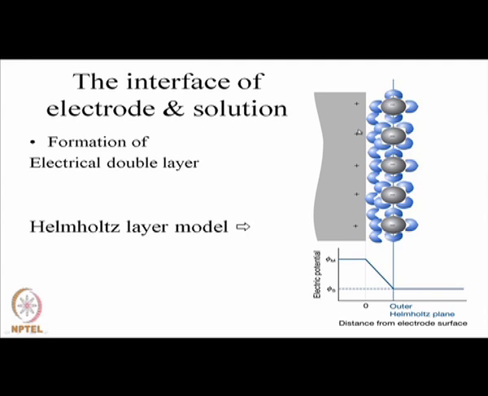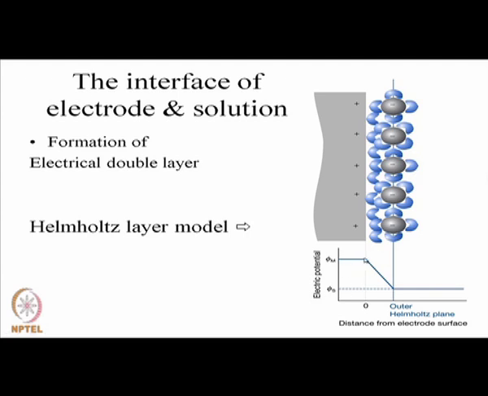As a result, some electrical potential difference is created. One side has positive potential and the other negative potential. Say the potential for the metal is phi m, and this side is the solution side. This is your metal, and just at the interface, where the metal stops, there is nothing beyond this point.